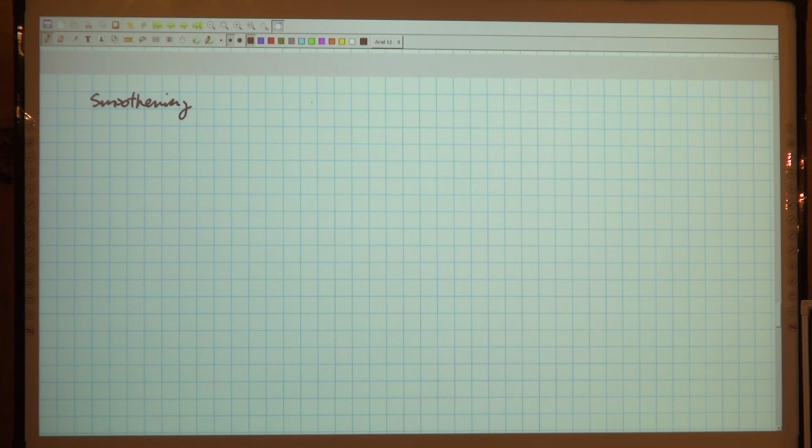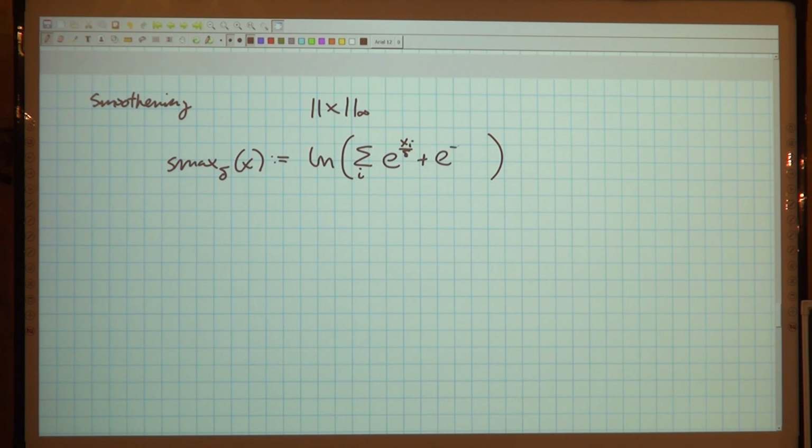But if I just think about the L infinity norm, then the convenient way to smoothen this is to use something called the softmax function, which is just defined as the natural logarithm of the sum over all the coordinates of e^(x_i/delta) plus e^(-x_i/delta), over 2m.